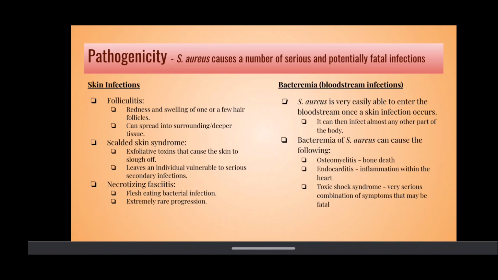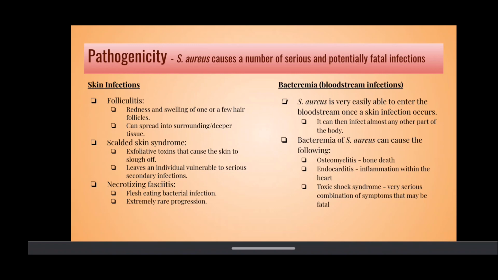Scalded skin syndrome, which is a product of exfoliative toxins produced by S. aureus that cause the skin to slough off, which then leaves someone in a very vulnerable state to secondary infections, which is where a lot of the problems and complications will arise. And then necrotizing fasciitis is a development of different skin infections from Staph aureus, specifically from methicillin-resistant strains. It is very rare and is known as flesh-eating bacteria.